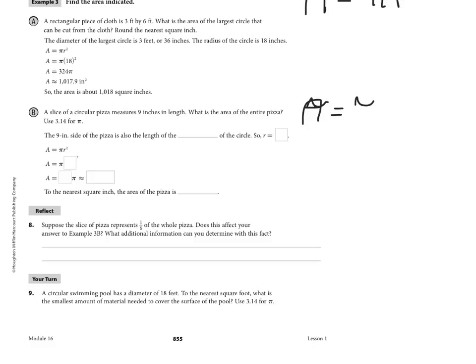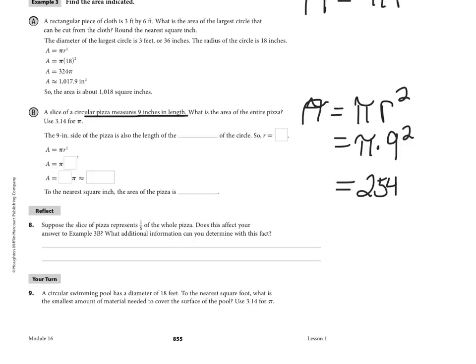So area equals pi r squared, and it says a slice of pizza measures 9 inches in length. Okay, so that's going to be the radius, and I will do pi times 9 squared, which gives me about 254.3.